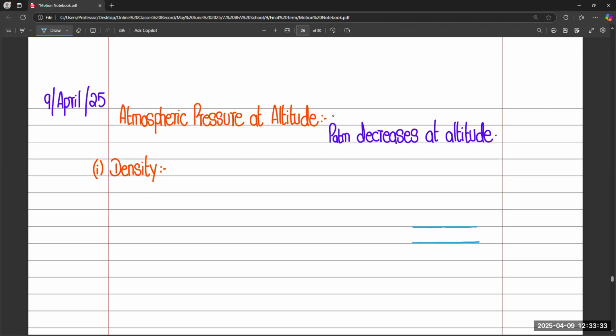we have a layer of dense gases nearby Earth's surface.